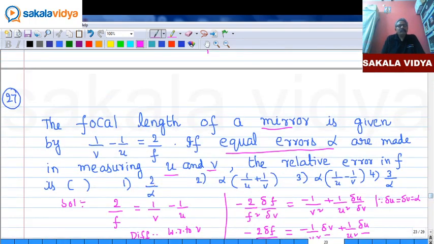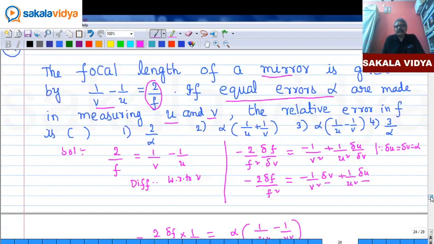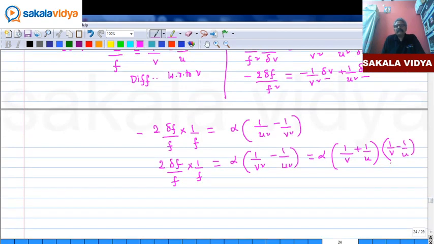See, 1 by v minus 1 by u equals 2 by f. So, you can substitute 2 by f in the place of this. So, that means delta f by f into 2 by f equals alpha multiplied by 1 by v plus 1 by u into 2 by f.